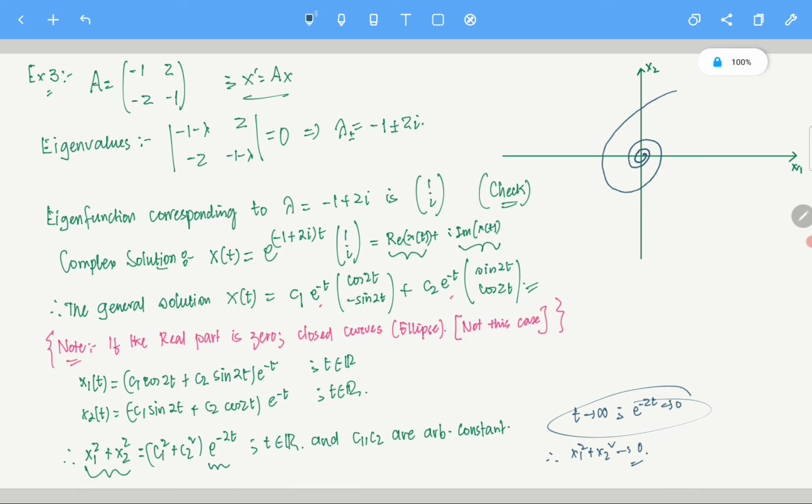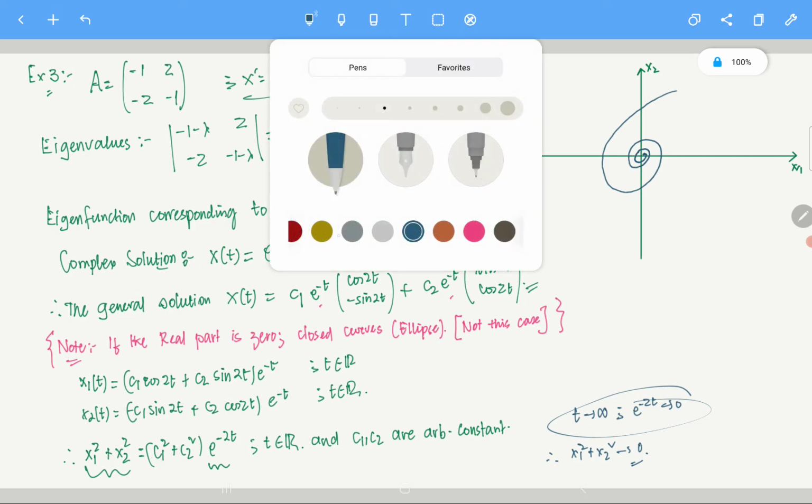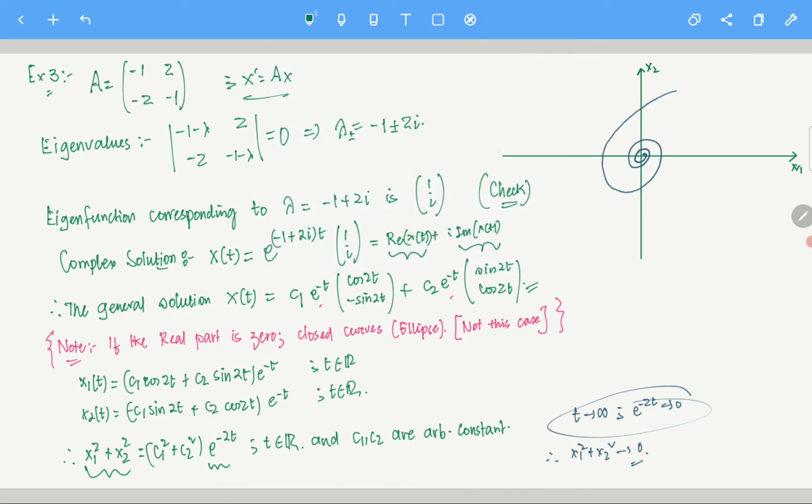See, basically what is happening is, what does this say? It says that x1 prime is minus x1 plus 2 x2, and x2 prime is minus 2 x1 minus x2.